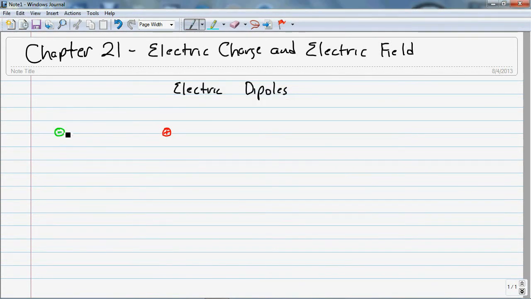And we'll have a vector going from the negative charge to the positive charge. That vector is the dipole moment, and we represent that with vector p, and we have some length L.